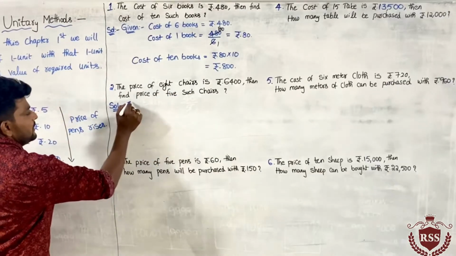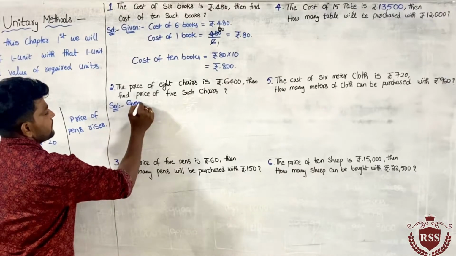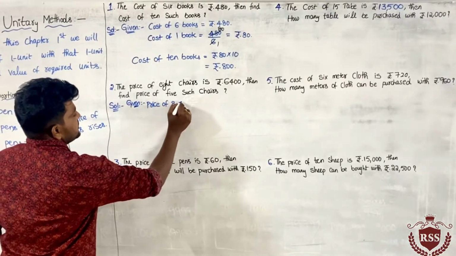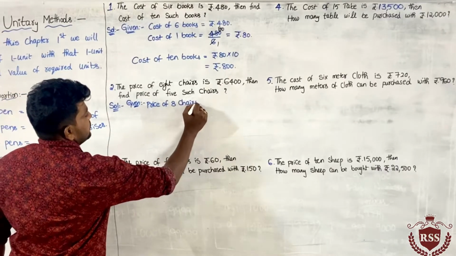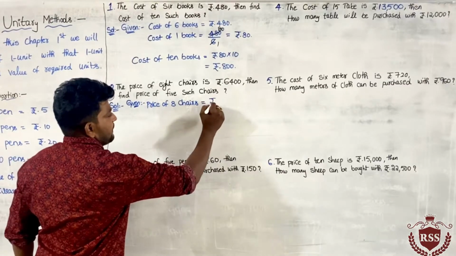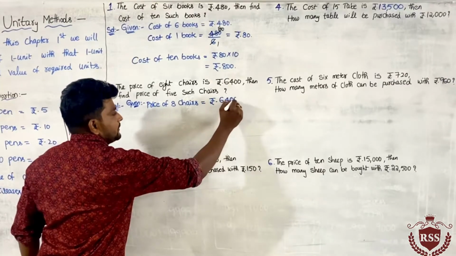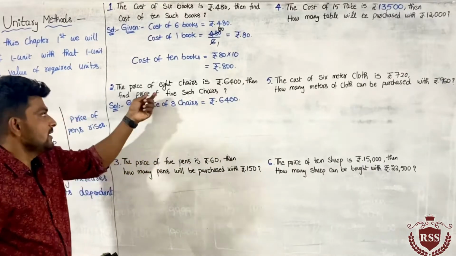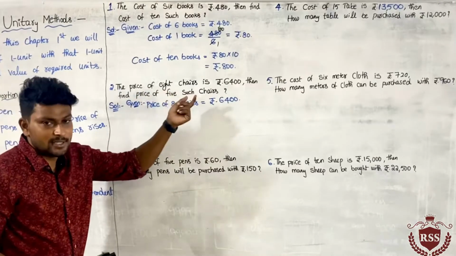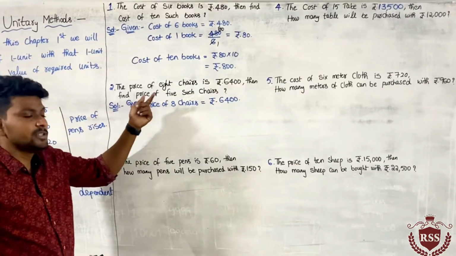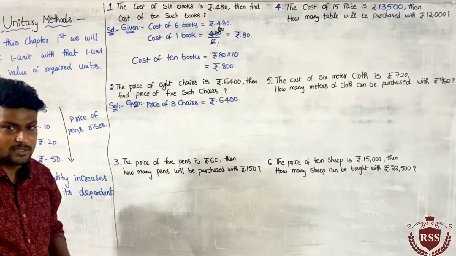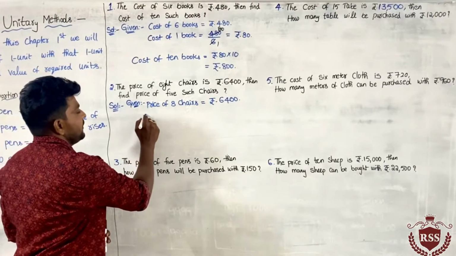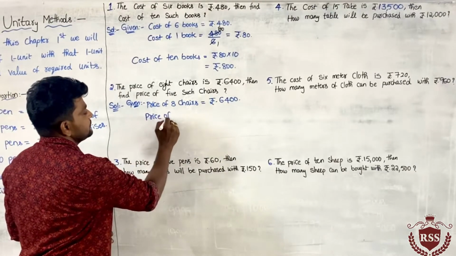What have they given? The price of 8 chairs is rupees 6400. Then find the cost of 5 such chairs. That is, we know the cost of 8 chairs, and from this we need to find the cost of 5 such chairs, meaning the same chairs. We are buying 5 chairs, so we need to find how much they will cost. So first of all, find the price of 1 chair.